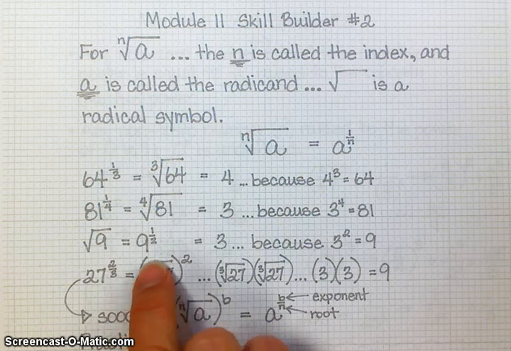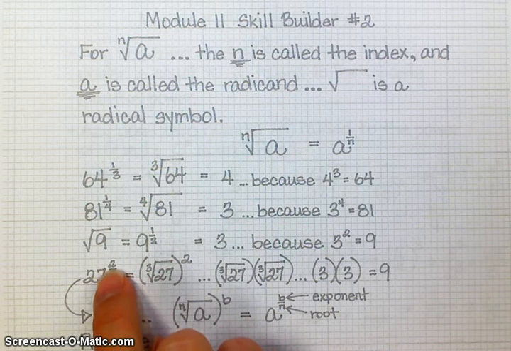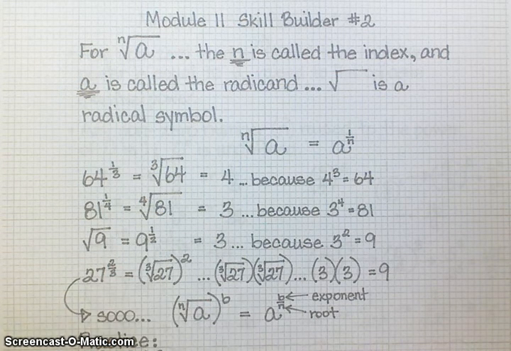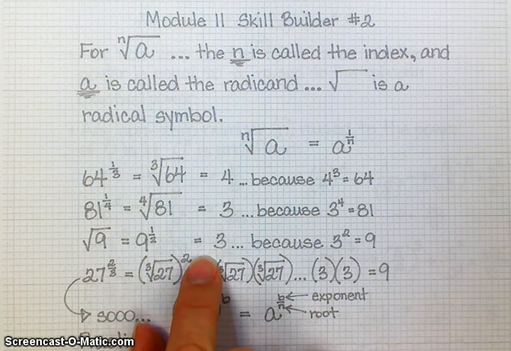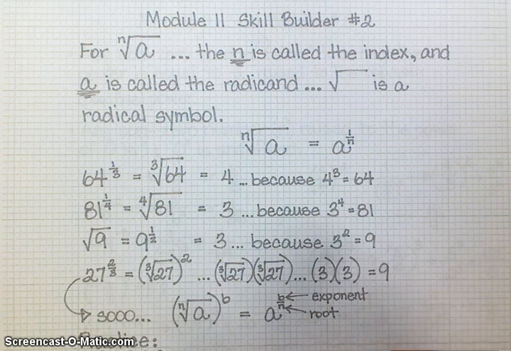And then the numerator in the little fractional exponent tells you what to raise that to. So here's what this says. Take the cube root of 27. Cube root of 27 is 3, and then square that. 3 times 3 is 9.